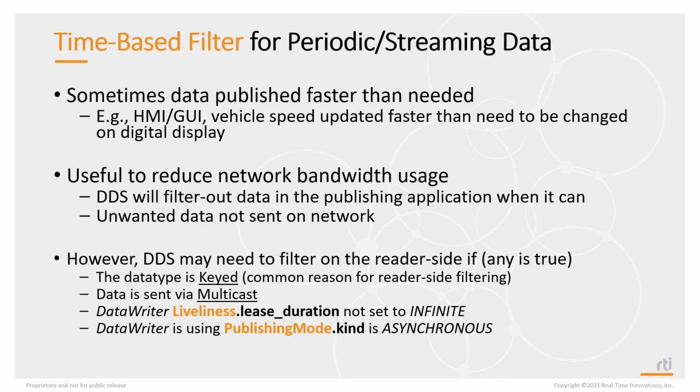By doing that, however, this will prevent the writer side filtering for time-based filters, as well as other types of filters. Now, the other two on the bottom here talk about liveliness lease duration, as well as a publishing mode. These are two other situations in which writer side filtering is disabled.